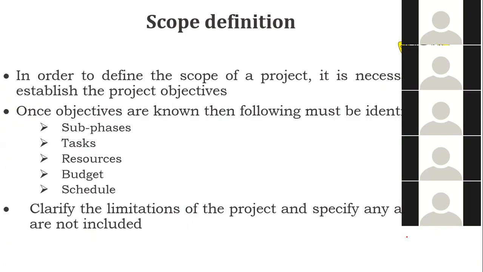Now, first stage is scope definition. It is important at this stage to begin to identify the sub-phases. So at this stage, you have your team, your project team members who include all possible stakeholders or representatives of stakeholders, and you define the phases of your project.